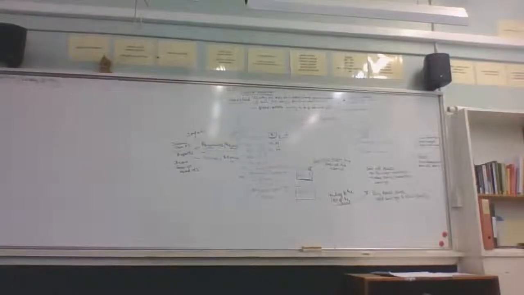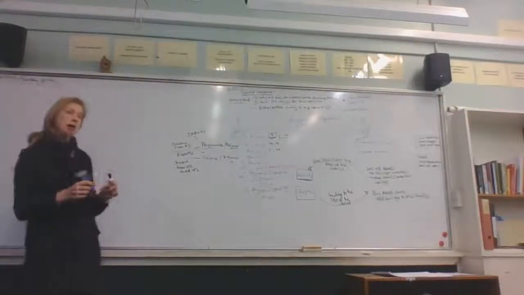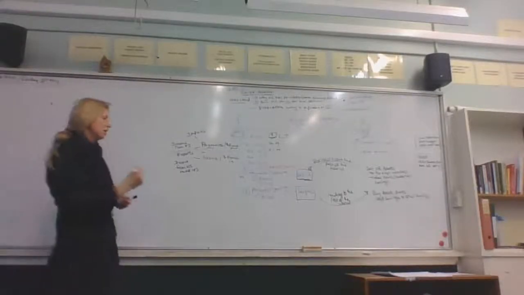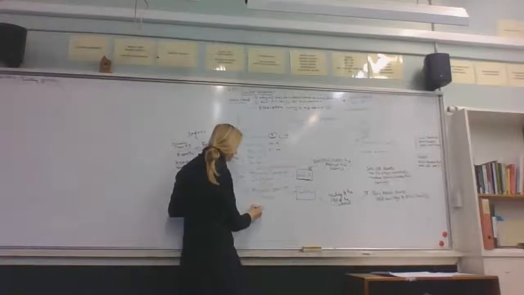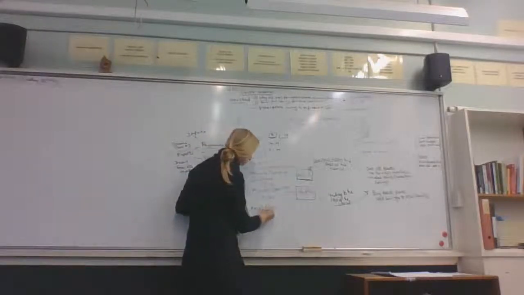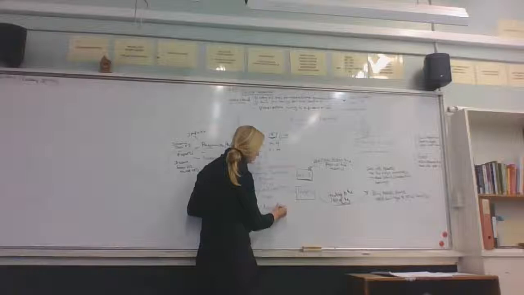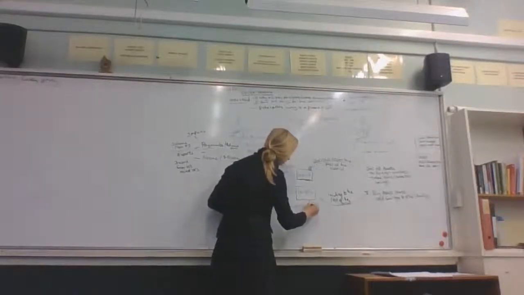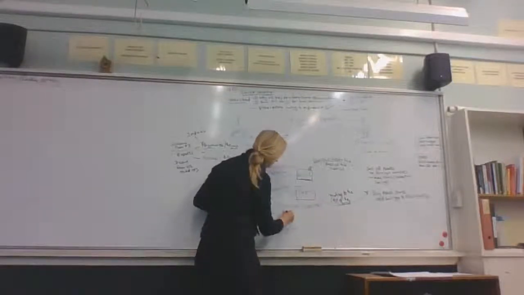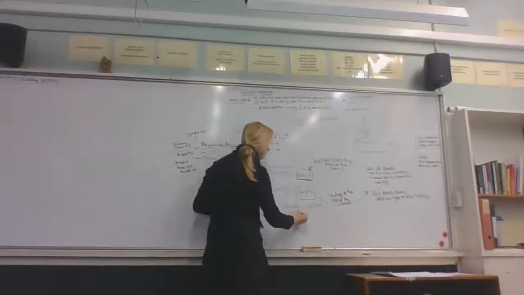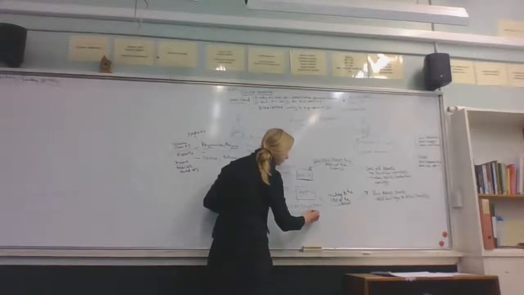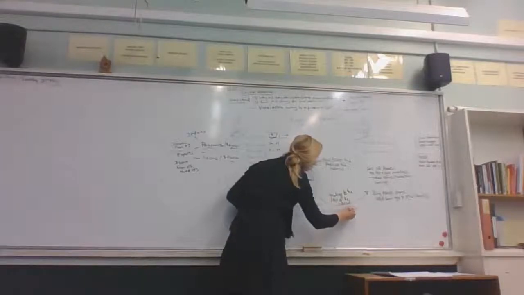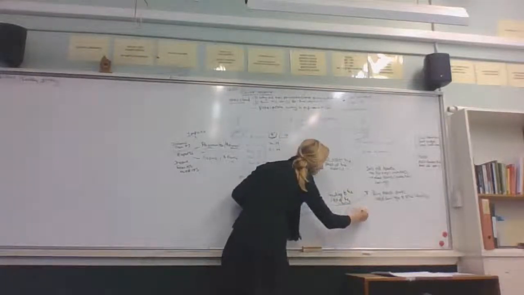So here are key things to note down, and I'm not sure if your book points this out. Key idea one: foreign investment in NZ leads to income flowing out of the country.